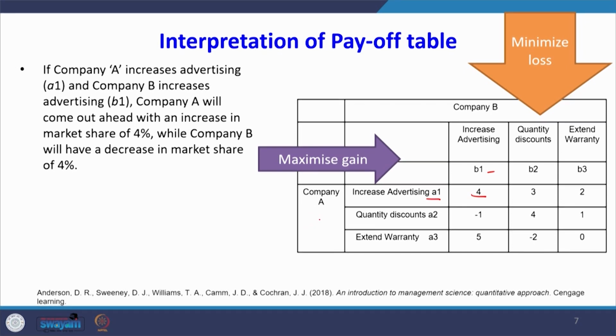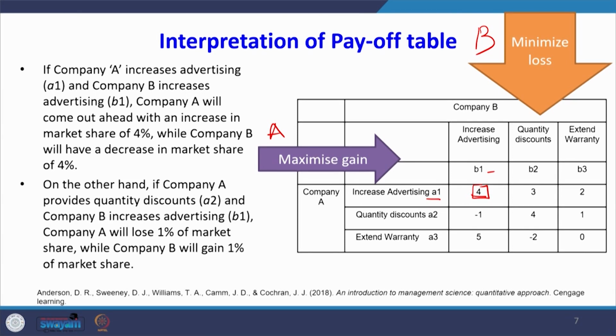Company A looks at this table, and these are the gains 4, 3, 2. From B's perspective, whatever value appears is a loss. The company will try to minimize the loss. So, if company A goes for A1 and company B for B1, the 4 is the gain for company A and the 4 is a loss for company B.